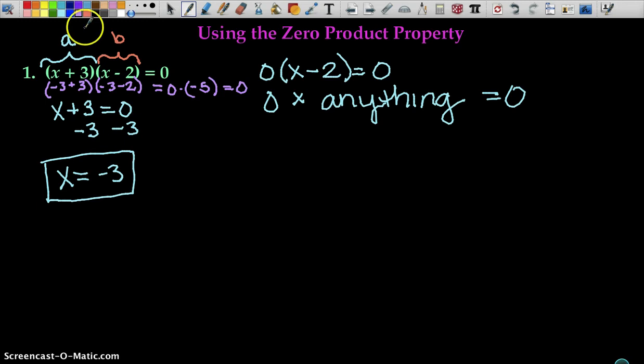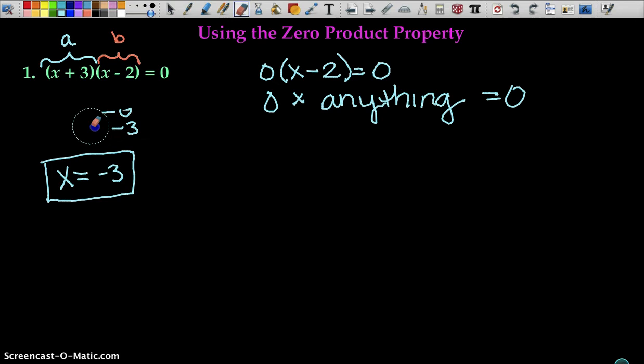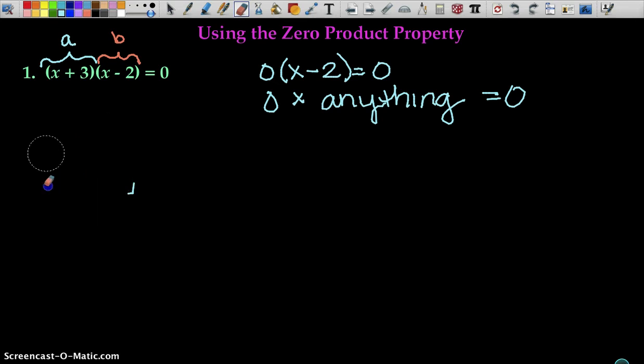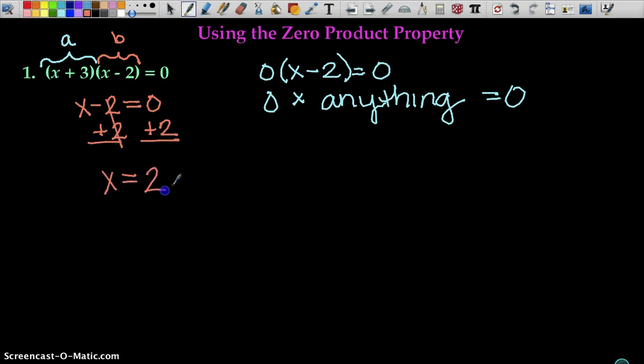But now we aren't done because there is a second set of parentheses. So I'm going to go ahead and erase this. Now we're going to deal with our b binomial. We can also take x minus 2 and set that equal to 0 as well. So add 2 to both sides, and we get x equals 2. Again, we can check this.